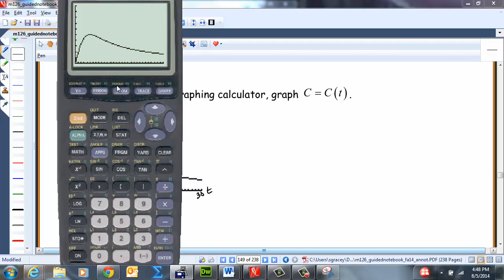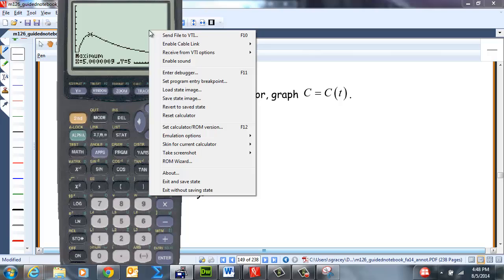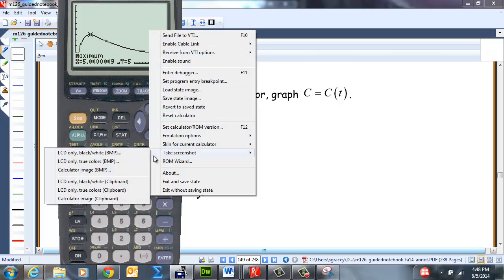So we would just look for the maximum. We go to the left of this hump here, and then to the right. And we get a maximum when x is 5, y is 5.